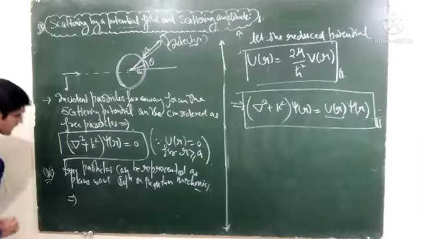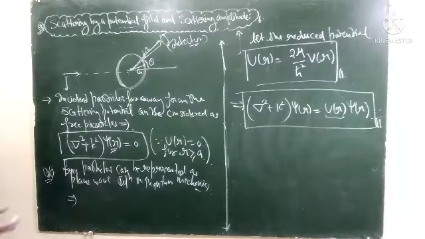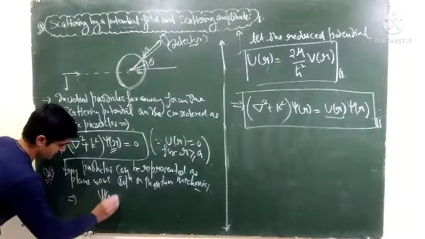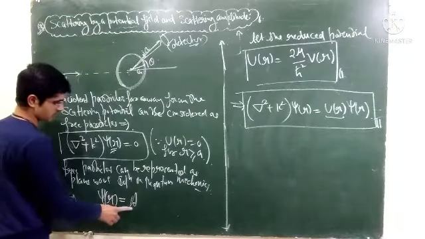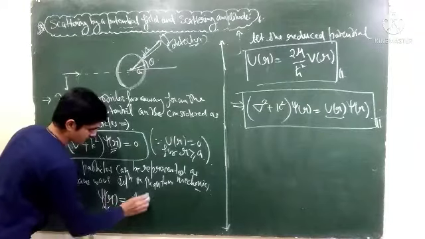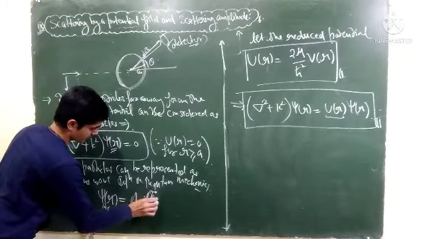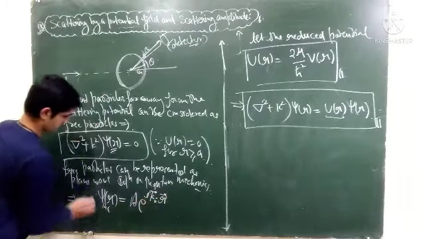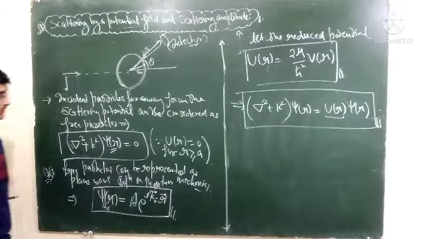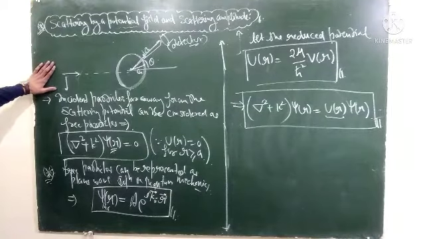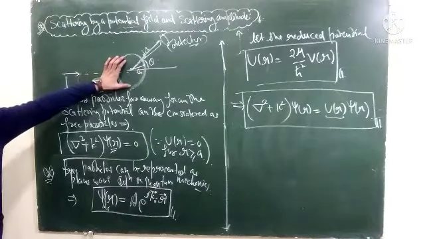The wave function for the incident particle, psi inc, can be written as A, which is the normalization factor, into e to the power i k naught dot r. So this is the plane wave which is representing the free particles, the incident particles coming towards this potential.